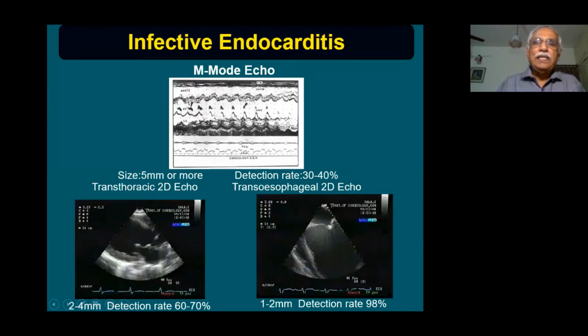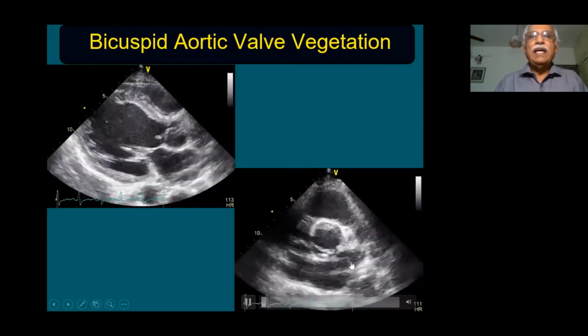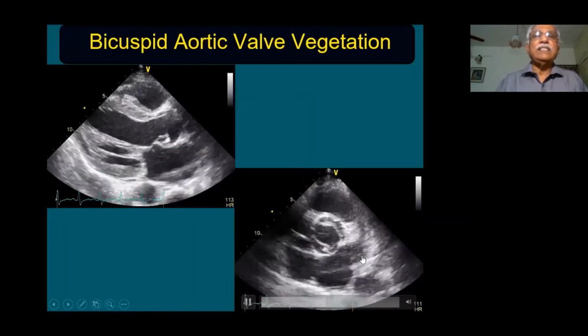After a proper transesophageal echocardiogram, visualizing all the cardiac structures, if you are not able to identify any mass over the valves or over the chambers, then the likelihood of infective endocarditis decreases. You wait for 2 weeks and then repeat the transthoracic echocardiogram and the transesophageal echocardiogram if necessary. If there are still no vegetations, you have to think in terms of other causes of fever, and infective endocarditis is almost excluded.